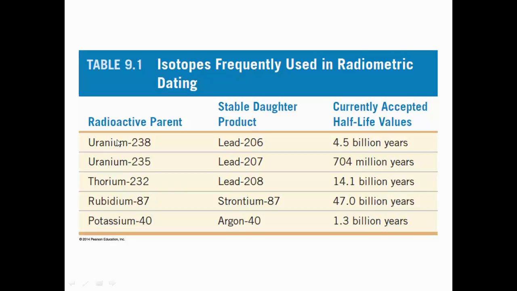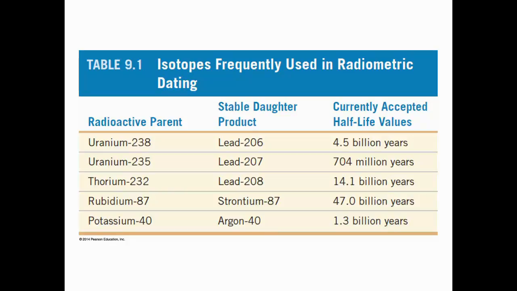Now the half-life in going from uranium-238 to lead-206 is 4.5 billion years. For uranium-235 that decays to lead-207, the half-life is 704 million years. For thorium-232 to decay to lead-208, it's 14 billion years, and so on and so on.